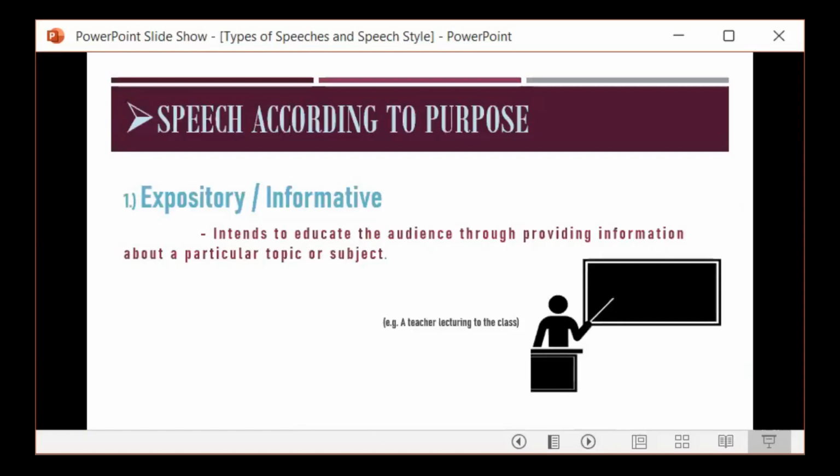So here, for the speech according to purpose, we have the first one, which is what we call expository or informative. It intends to educate the audience by providing information about a particular topic or subject.